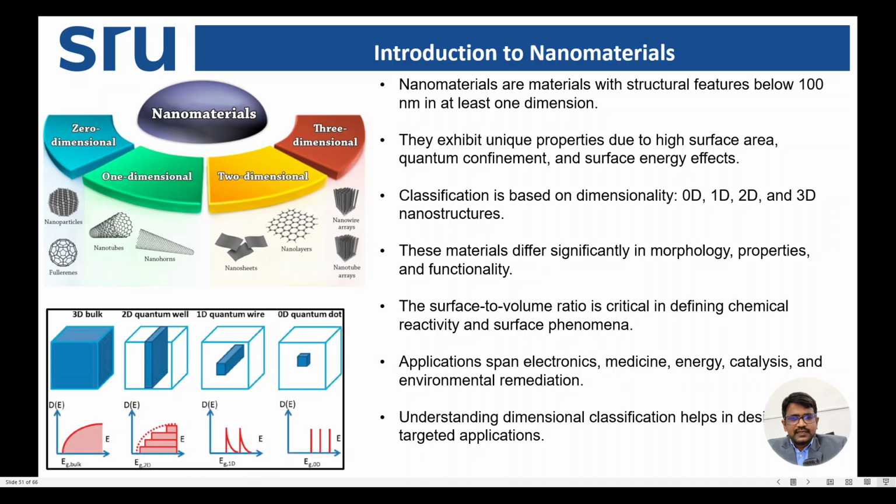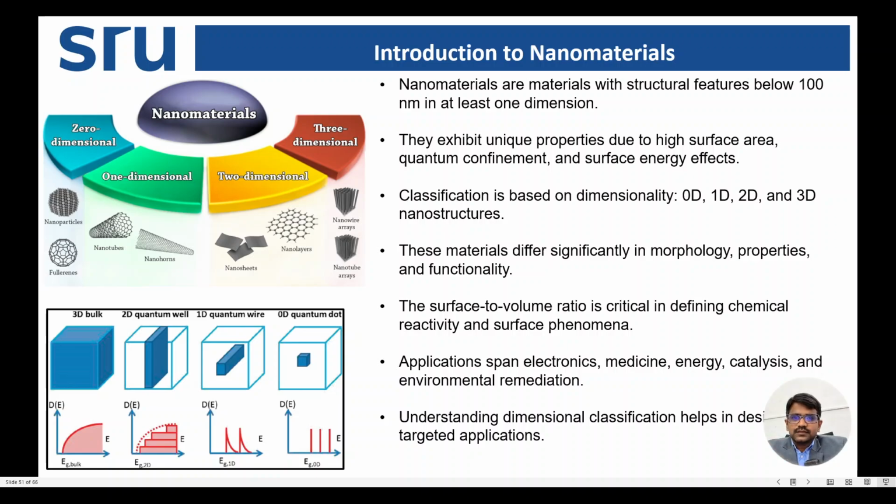What are nanomaterials? In our previous lectures, we have discussed nanomaterials in depth, right? So how can we define a nanomaterial? If any one of the dimensions is less than 100 nanometers, that means either length, breadth, or height, any one of the three dimensions falls under 100 nanometers, then we can say that it is a nanomaterial.